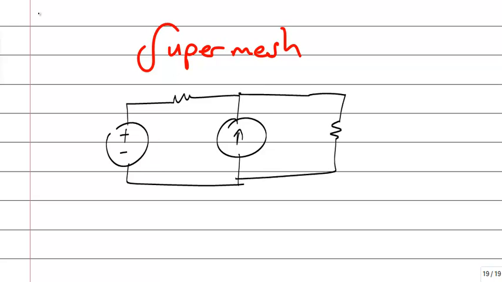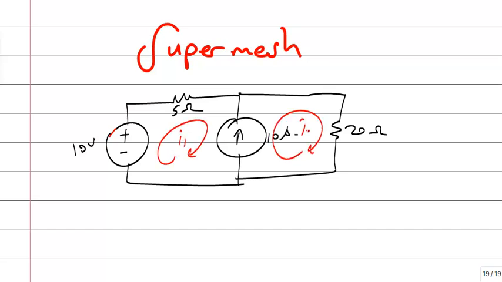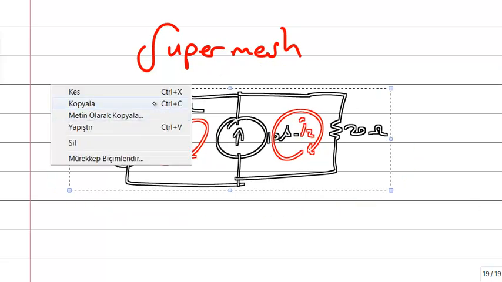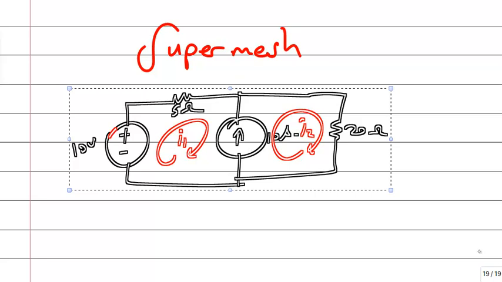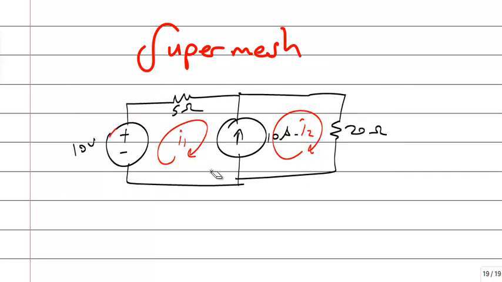Okay. If you analyze these circuits with mesh analysis, you will have two equations, I1, I2, two mesh currents, two equations, two unknowns, and you can solve. Super mesh says instead of writing two different equations, write only one equation. Write this equation.